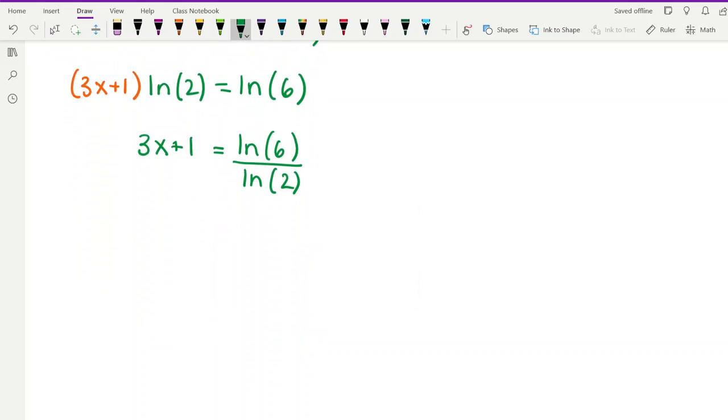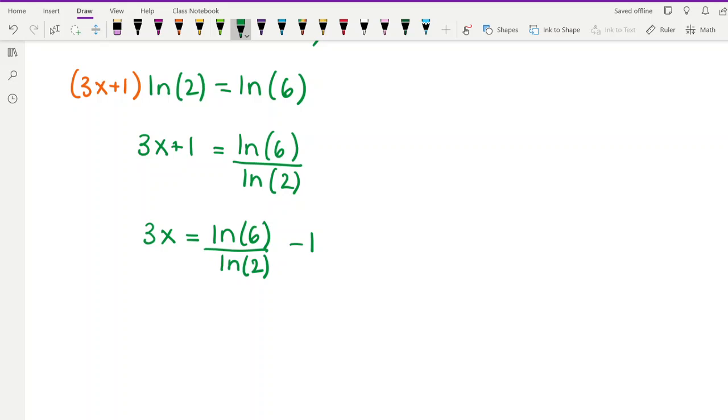So now our goal is to isolate x, so we can subtract 1 from both sides. So we get 3x is equal to ln of 6 over ln of 2 minus 1. And then from here, we have to divide both sides by 3. In order to make our answer look nicer, instead of thinking of it as dividing both sides by 3, think of it as multiplying both sides by 1/3.